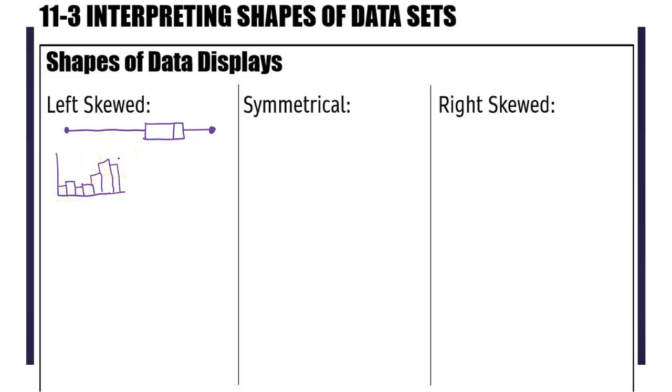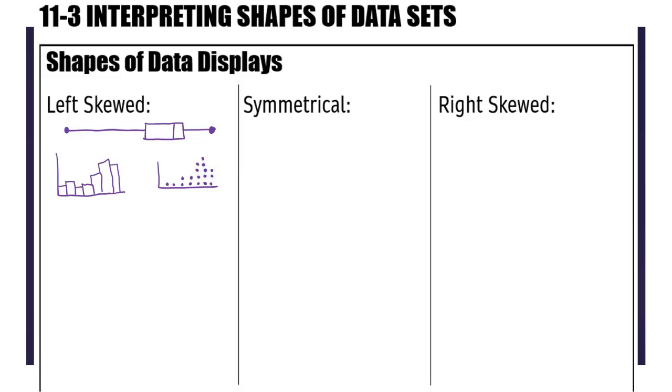It's not ever going to be perfectly obvious, okay, but you will notice that the left-hand side is shorter or smaller than the right. And similarly, in a dot plot, I'm going to get a smaller side on the left and a bigger side on the right.